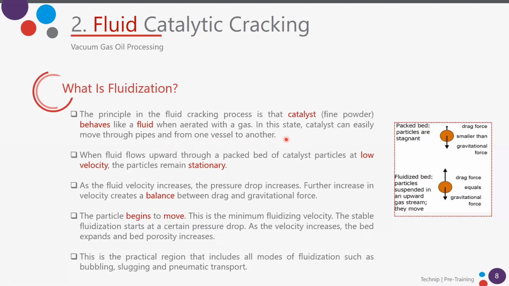Okay, this is the principle of the fluidization: you will have this force upwards higher than the gravitational force. So you have the particles suspended in an upward gas stream, so it will move. This is the principle of the fluidization that we will have in the unit.